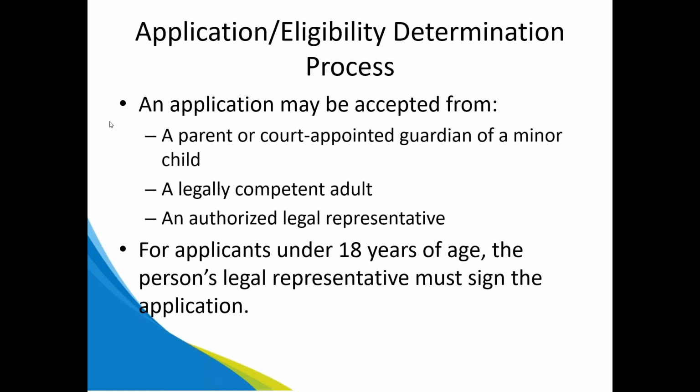For applicants that are under 18 years of age, the person's legal representative is the one who would sign the application. For people who are legally competent adults, they can sign it themselves, or they can have an individual who is authorized to make decisions for them, such as with a durable power of attorney.